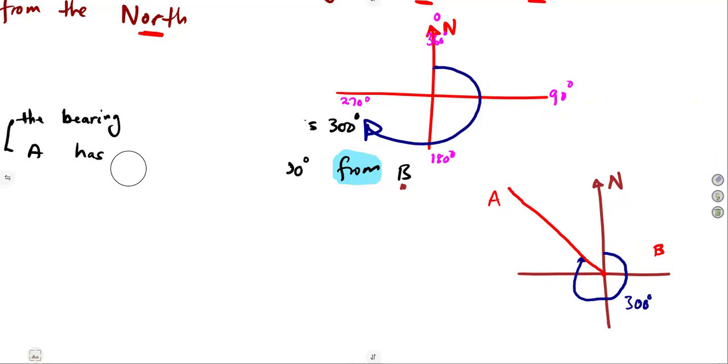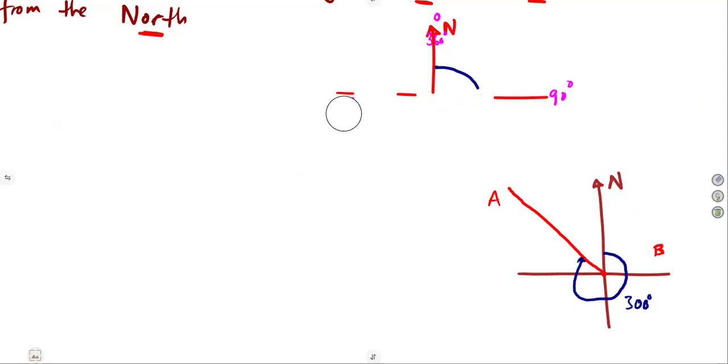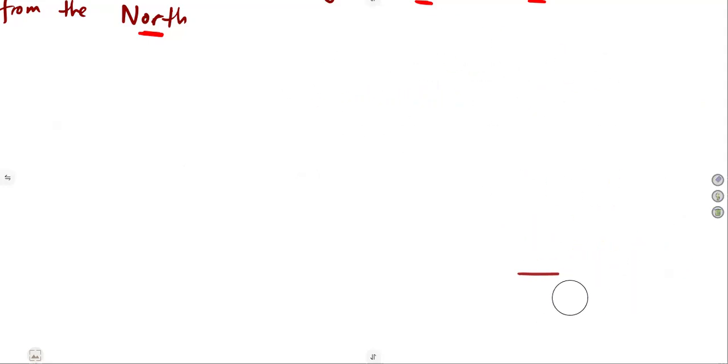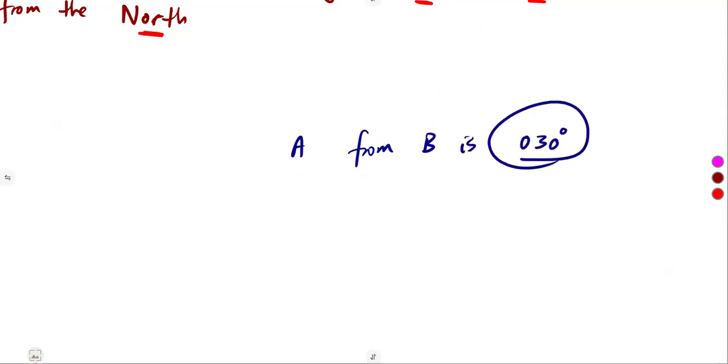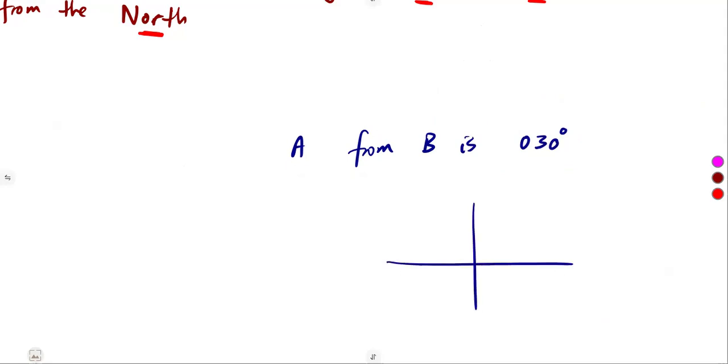Sometimes you can be given a basic bearing. Let's say the bearing of A from B is 030 degrees. 30 degrees from where?